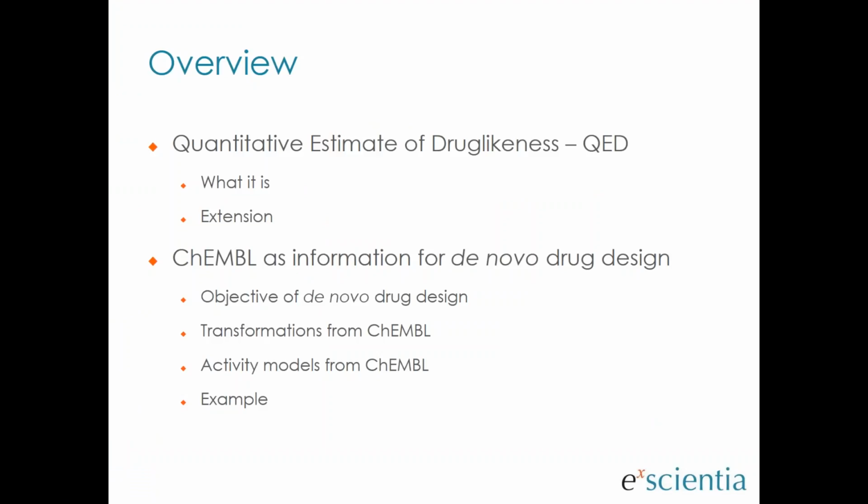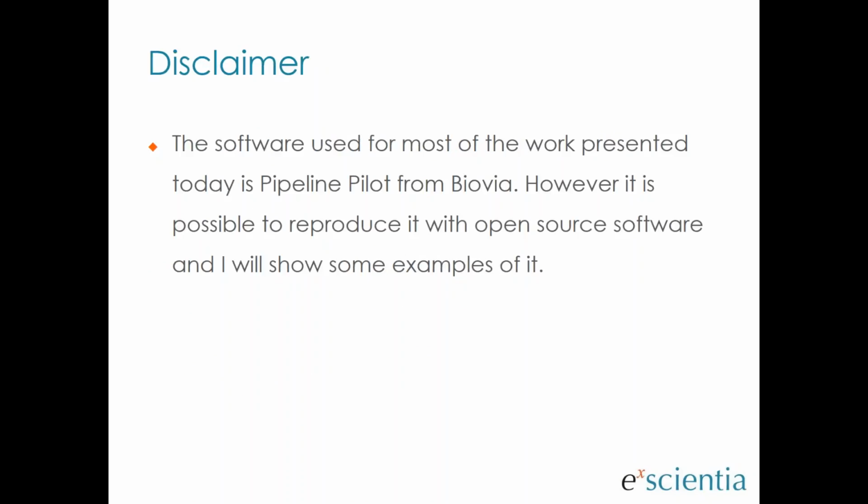Sorry about that. So I present two topics. QED, quantitative estimate of drug likeness. We show what it is and the extension of it, so it's not limited to just drugs. And then ChEMBL as the information source for de novo drug design. So what is de novo drug design? How we can extract transformations from ChEMBL and then use the activity models that Anna mentioned, and show an example of putting all of this together to find new compounds.